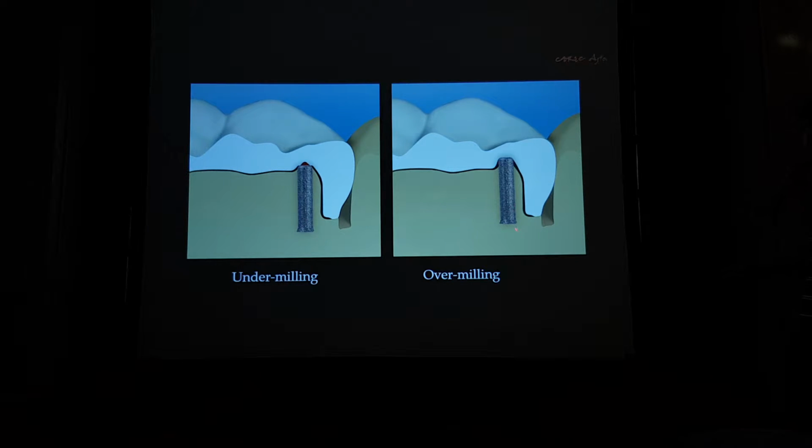The other is to mill more, mill over the sharp angle. So we will get the result like this. So what's the problem with under milling? Yeah, not fit, cannot try in, cannot totally sit down, right? And what's the problem with over milling? Too much cement space, yeah. And maybe there's not enough ceramic thickness.